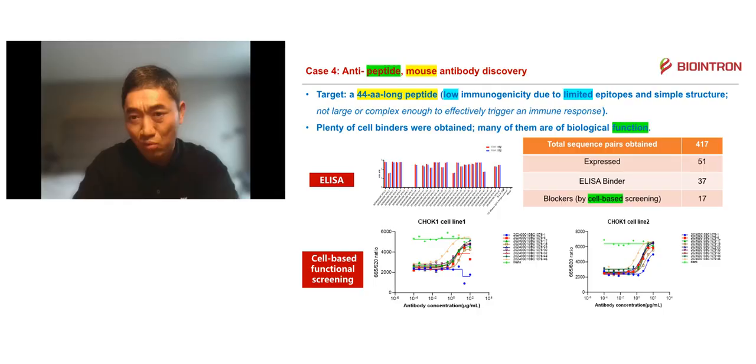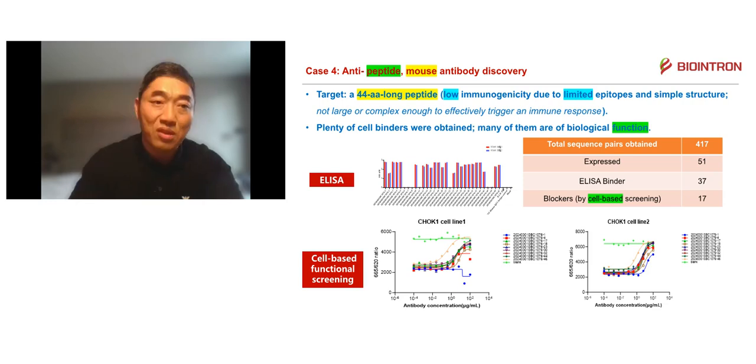So in this case, if you use hybridoma, with such a low immune response, and plus you may lose plenty of the B cell clones, there may be a weak chance for you to get very good hits or any hits.